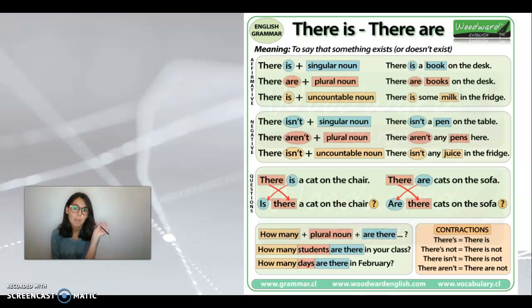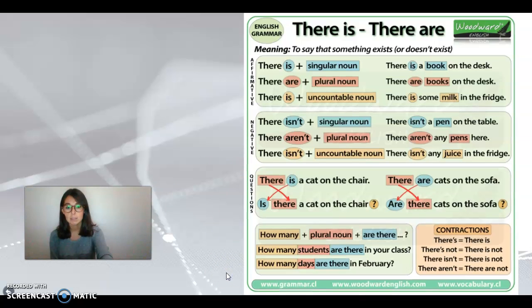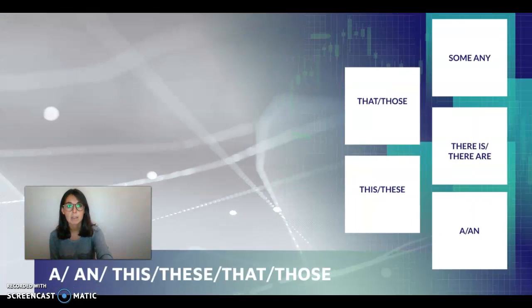So there are. Only there are. No contractions with there are. There are contractions with there is. Good. Nice. I hope that makes things clearer. Good. We're going to move on. That's it with there is and there are.